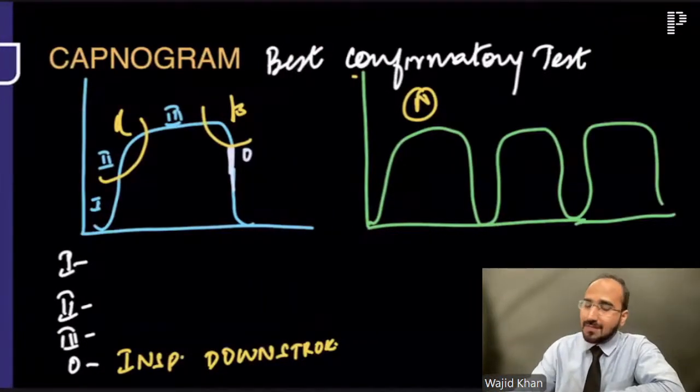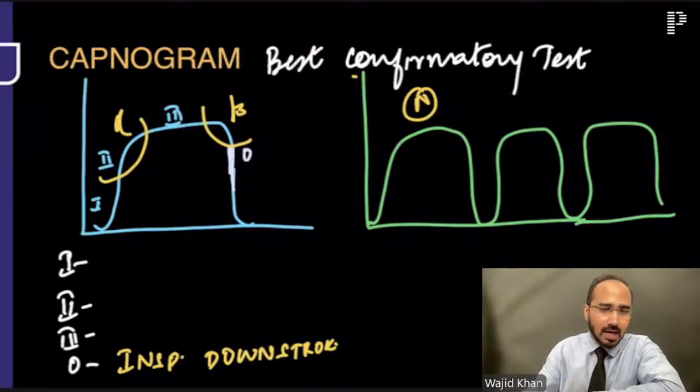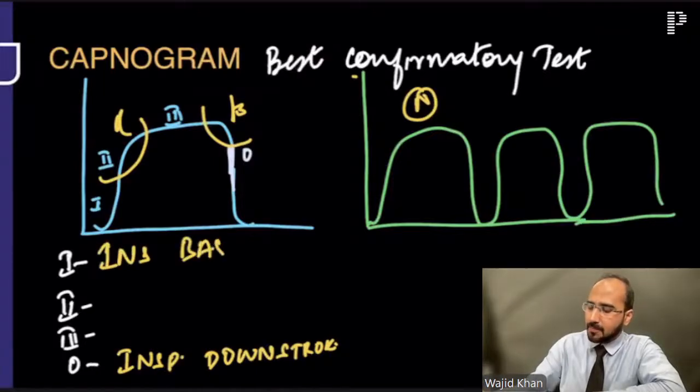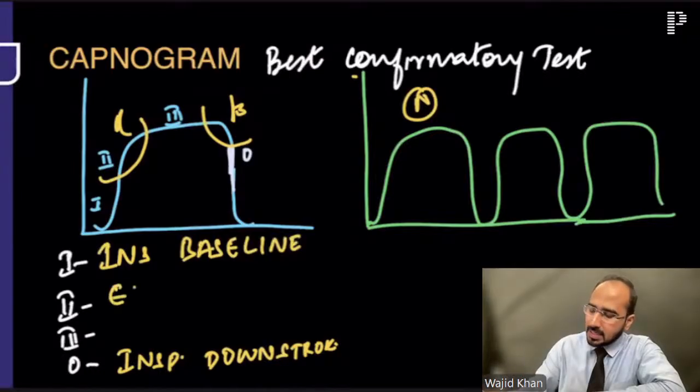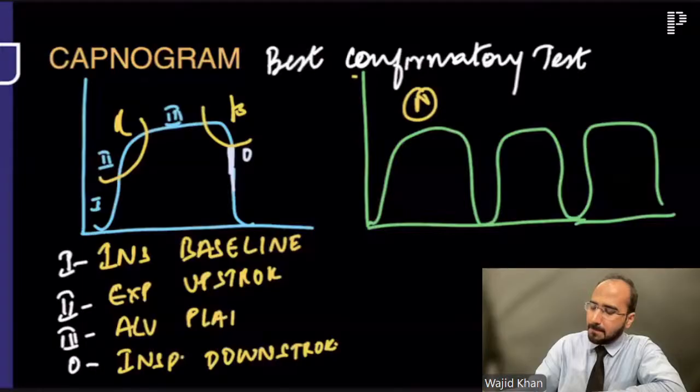A capnograph is nothing but a graphical representation of carbon dioxide, which usually has 4 phases. The first phase is called the inspiratory baseline. The second phase is the expiratory upstroke. The third phase is the alveolar plateau.